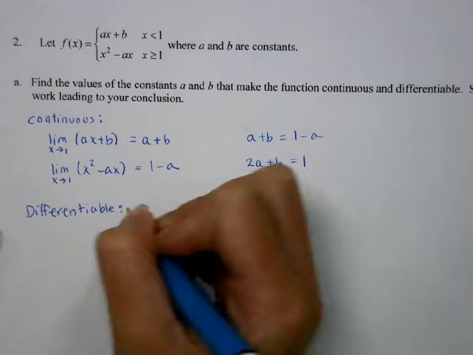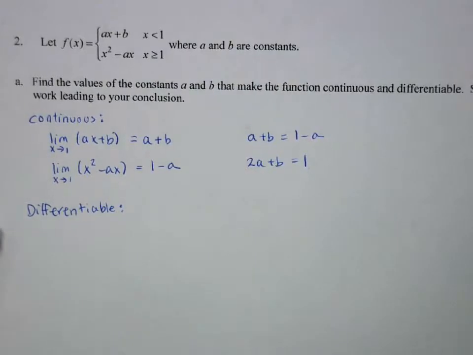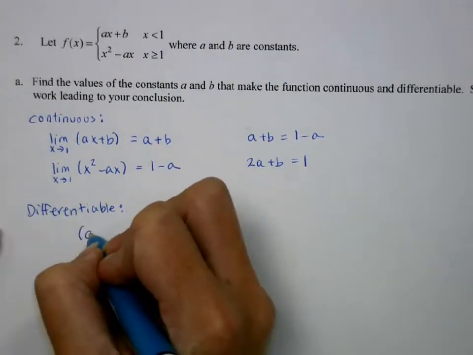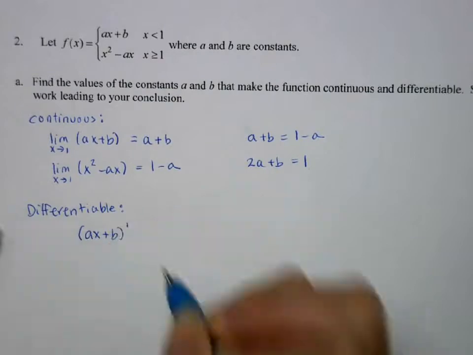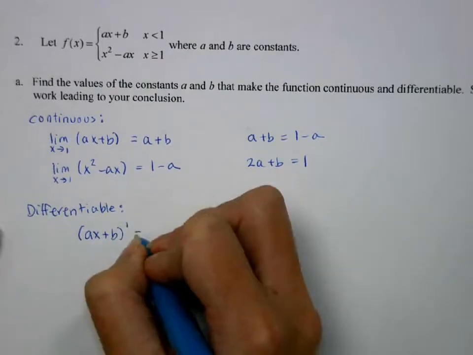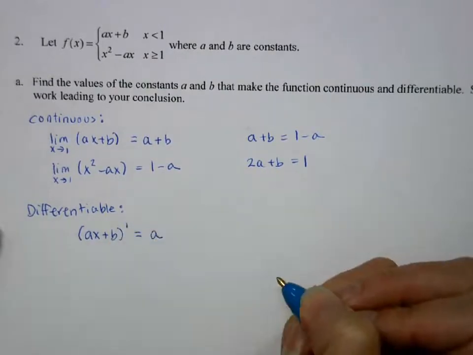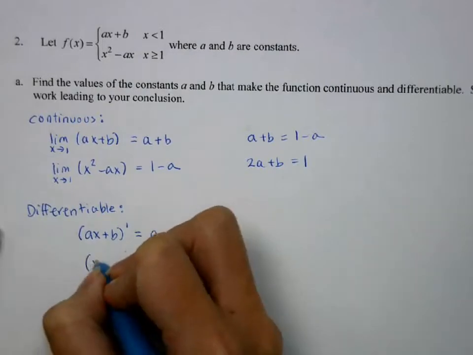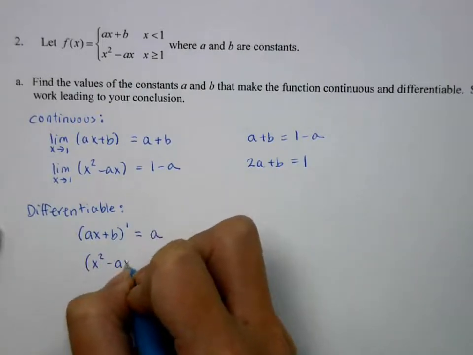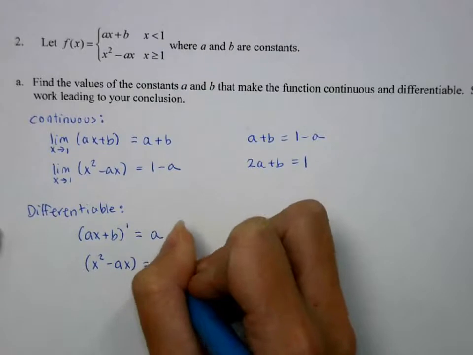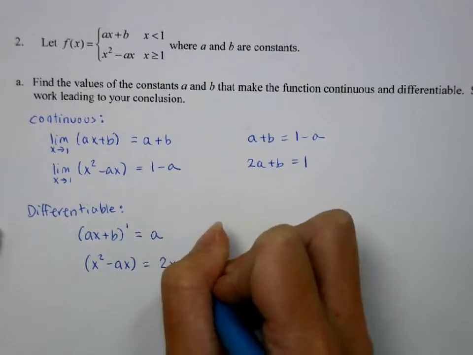To make it differentiable, I need their derivatives at 1 to equal. Well, if I take the derivative of ax plus b, that's just going to be a. The derivative of x squared minus ax is going to be 2x minus a.